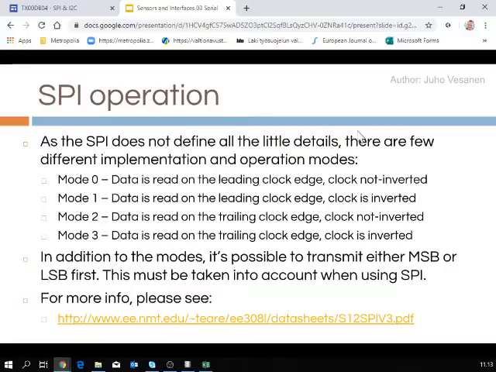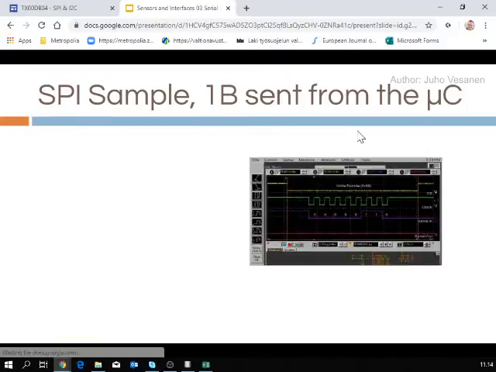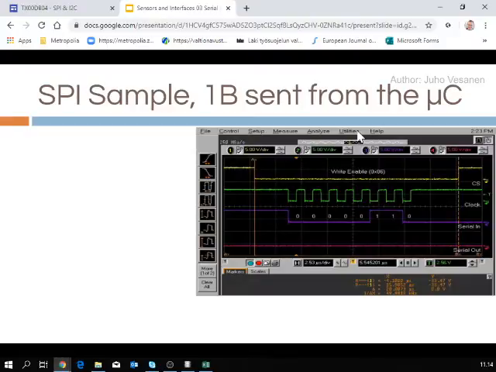And there's some more information about it. SPI sample: one byte sent to the microcontroller, one byte sent from the microcontroller.